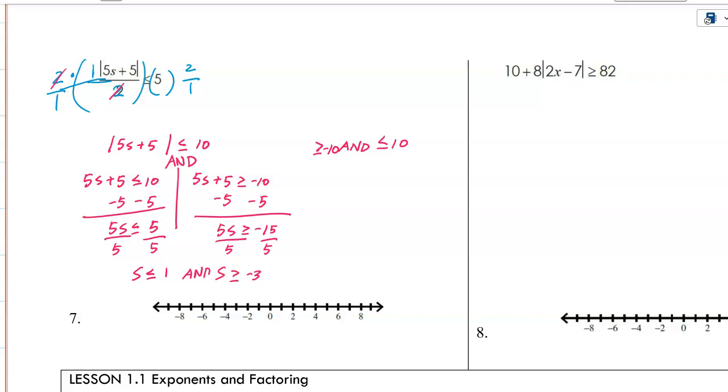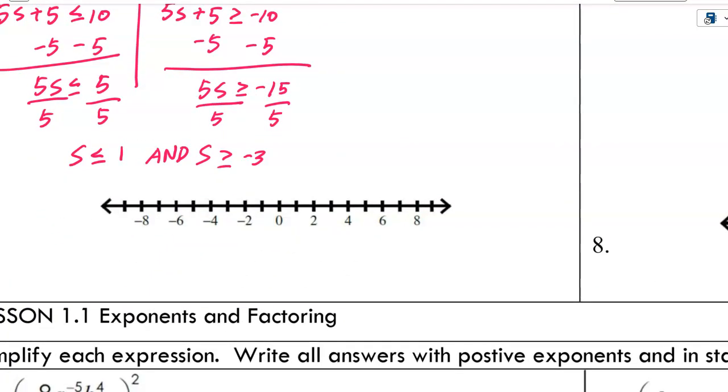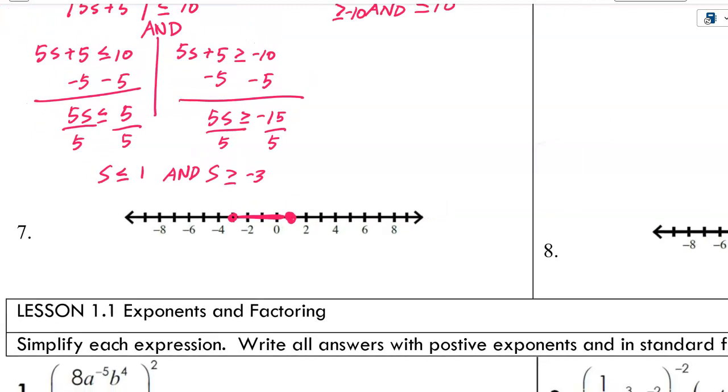And this is an and. So we have a 1 here and a -3 here, and it's going to be all of that in between.